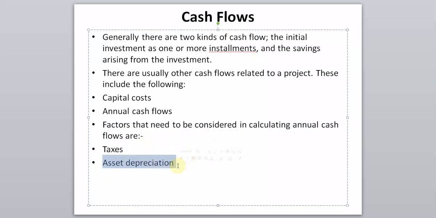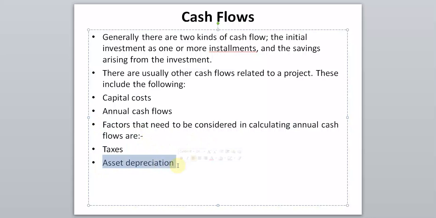However, depreciation is a real expense in terms of tax calculation. So while calculating the tax, depreciation is very important. For example, suppose there is an asset of 10 lakh rupees.